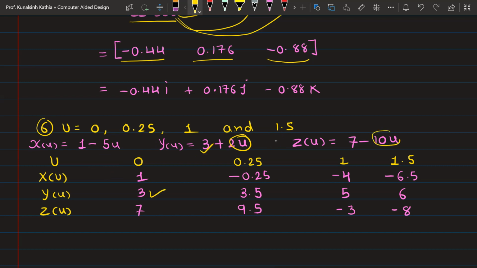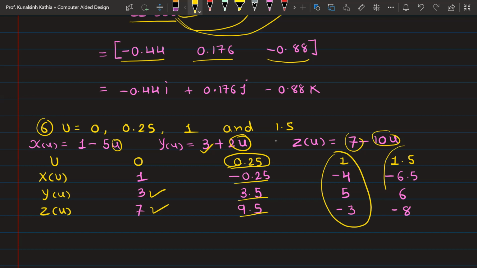And here also this term will be 0, so 7 remains. Similarly for 0.25, I'll put the value of 0.25 here and find the answers. Respectively, by putting the value of 1, I'll get this, and by placing the value of 1.5, I'm getting this answer. So this was the final step of the numerical.